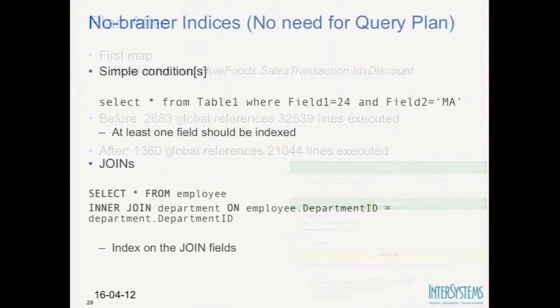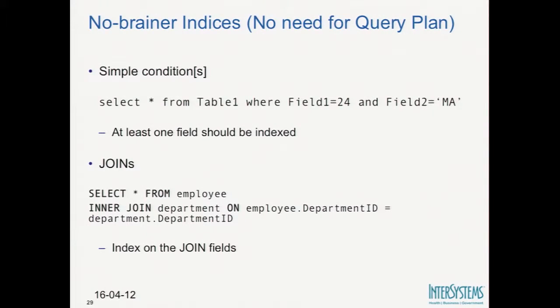Sometimes you don't even have to go into query plan analysis. If you have simple conditions, at least one of these two fields should be indexed, right? And more likely you would put the index on field 1, because it probably would have more distinct values, but we don't know, at least in this particular case, what field 1 is.